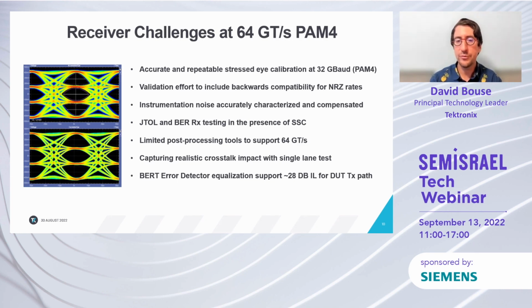Also ensuring that we're capturing realistic crosstalk, as we're so sensitive now to any distortion in the vertical direction, whether that be noise, crosstalk. So we'll see how that impacts our performance and our link stability.